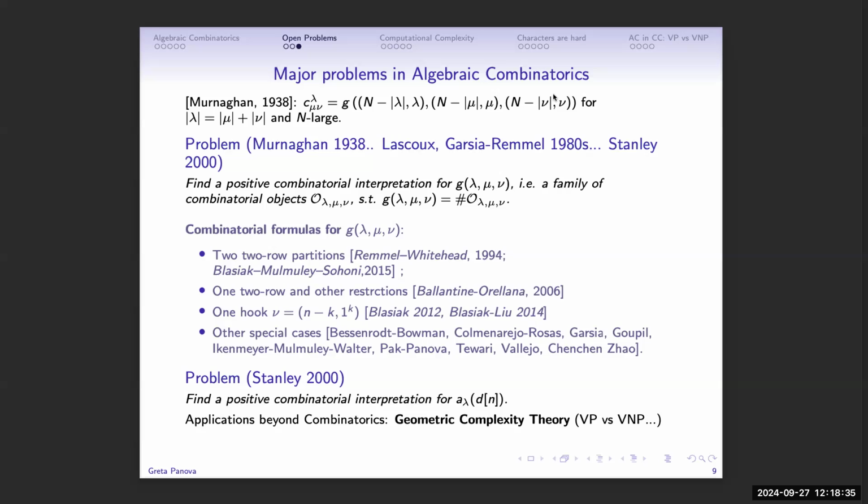This is a program that is trying to use various symmetries of various polynomials and use algebraic geometry and representation theory to say something of the kind P is not equal to NP, but okay, smaller steps at a time. We're not getting there. And in this case, it's going to be arithmetic complexity theory problems, VP versus VNP. If I have time, I can tell you a little bit later about how the Kronecker coefficients show up in this business.